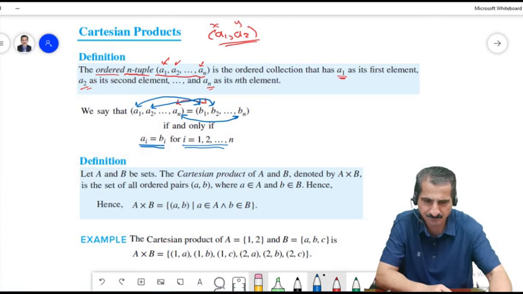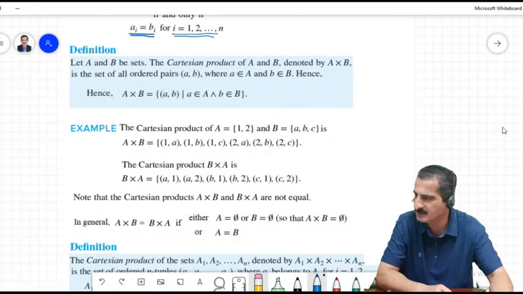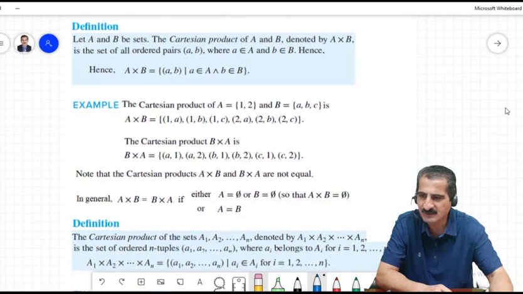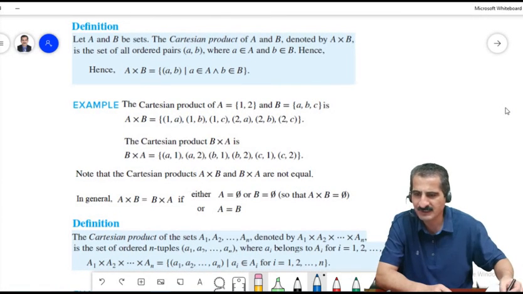Now, this is the n-tuple. We needed it to define the Cartesian product of sets. Now, we will define the Cartesian product. If we have two sets A and B, then the Cartesian product of A and B is A cross B.